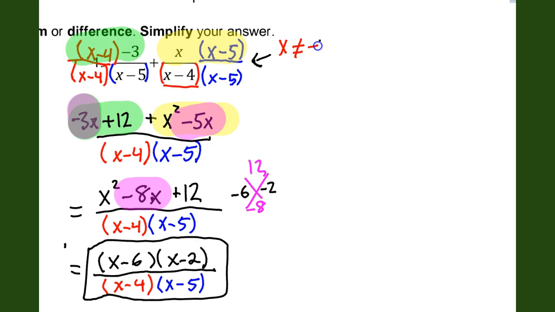X cannot equal negative 4 because that'll make this part 0. Can't divide by 0. And then for this, you can't have a negative 5 because that will make that equal to 0. So our excluded values are negative 4 and negative 5. Notice how I'm using the not equal to symbol here? Because x is not allowed to be negative 4. It can be any number but negative 4 and negative 5.